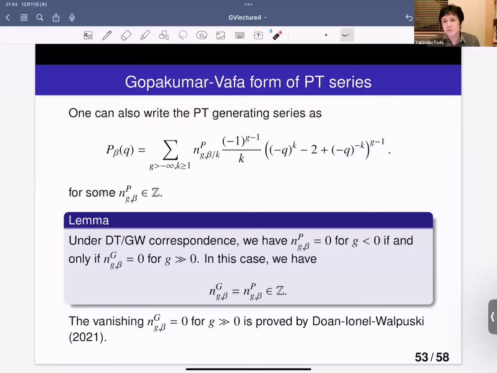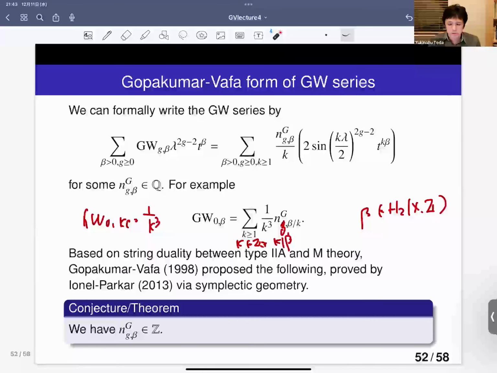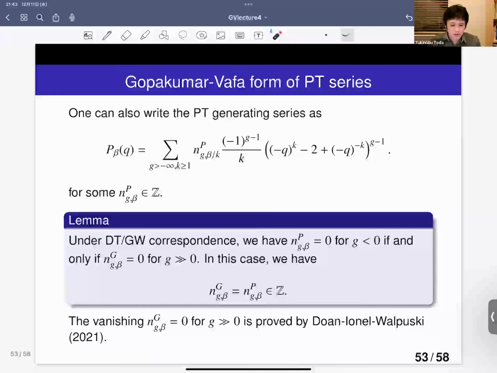So this formula is derived just by looking at the PT and GV correspondence, and also expanding the PT series by following the GW GV description to the PT side. So then in the PT side, it is also possible to write down in this way. But there is one difference of this description.